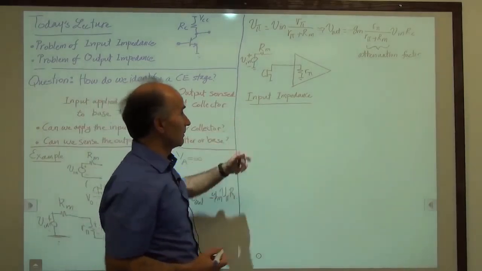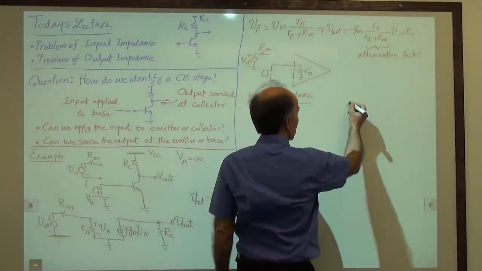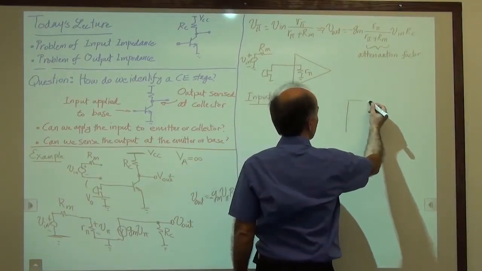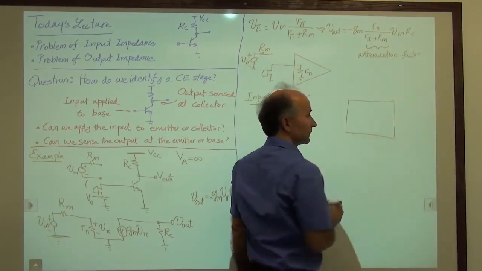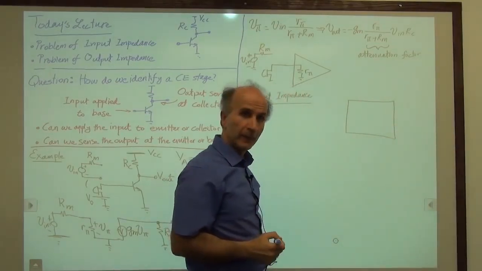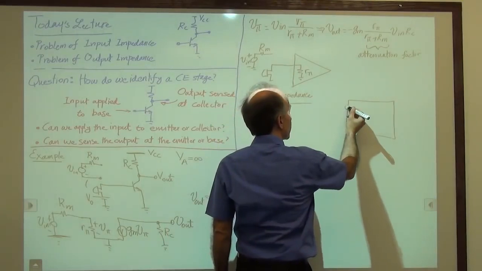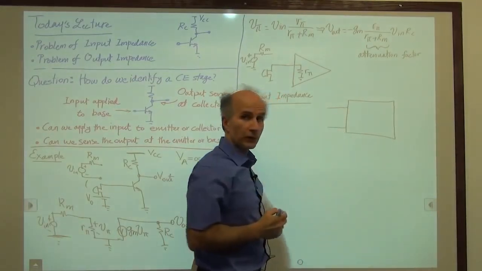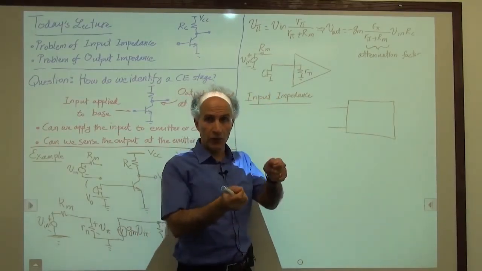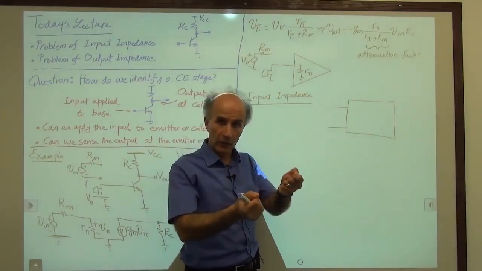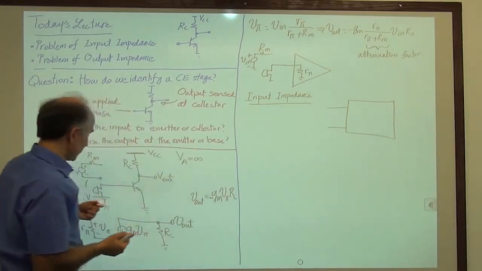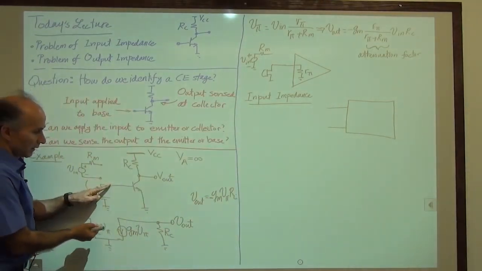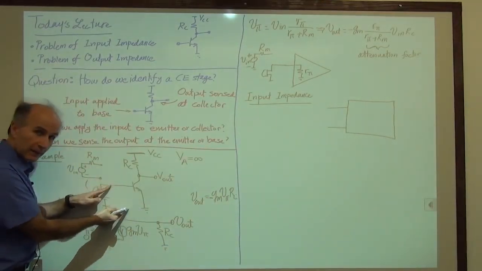And that's what we call the input impedance. So the input impedance is obtained as follows. We take a circuit, any circuit, and we are interested in the input impedance. So we find the input port. The input port contains two nodes where we apply our input. So here, the two nodes would be the base and the ground.